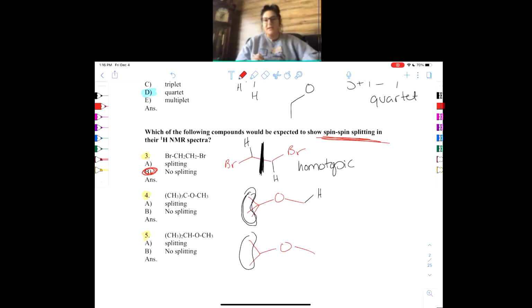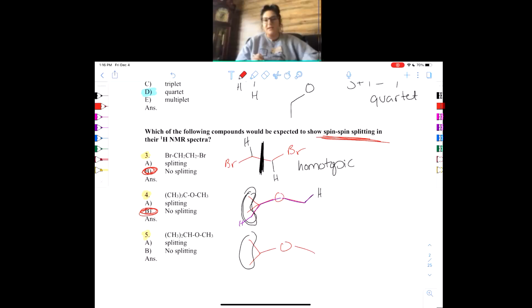So if we count this, we have 1, 2, oops. First of all, we have a heteroatom, and second of all, the next hydrogen isn't until all the way over here. That's way, way, way too far. So no, this does not have spin-spin splitting.